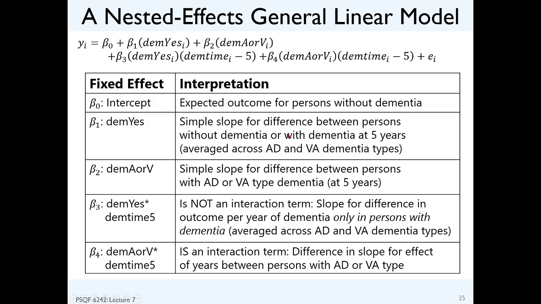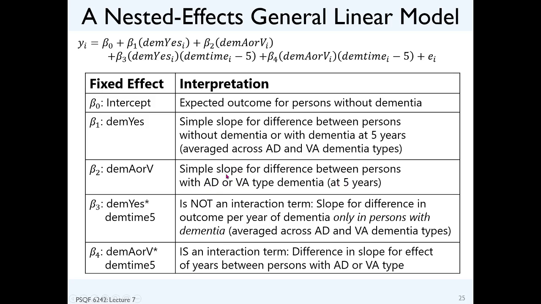So it's contrasting people who do not have it with people who've had dementia for 5 years, sort of as a subgroup type idea, but we're not categorizing dementia timing. A or V then is among people who've had dementia for 5 years, the difference of the VA group relative to the A group.